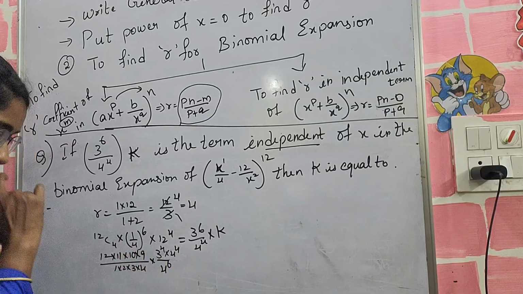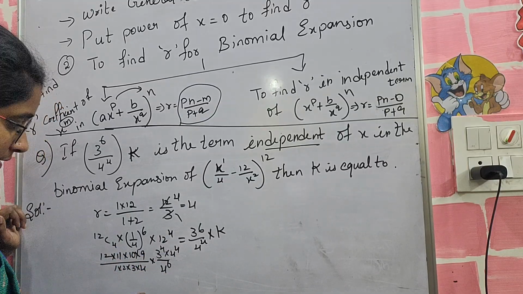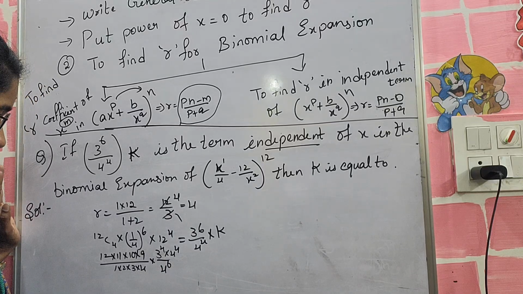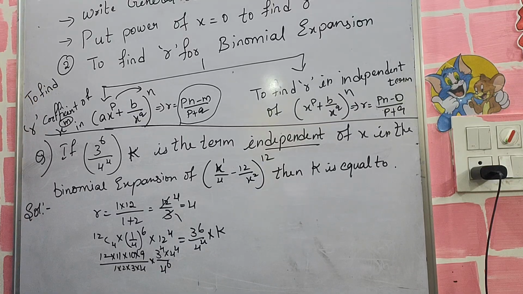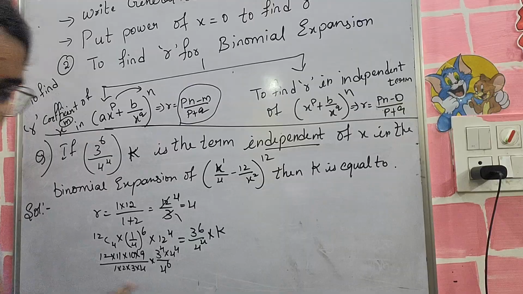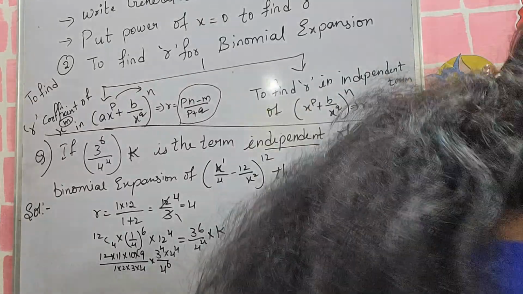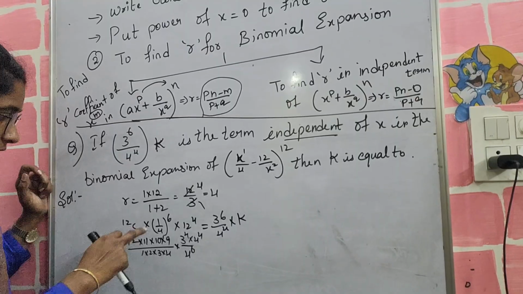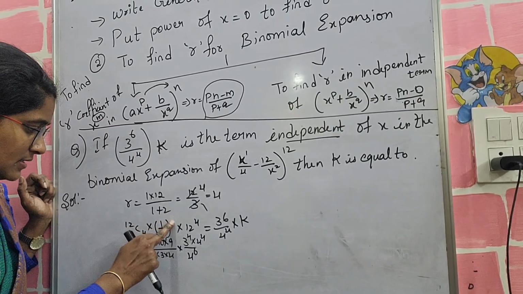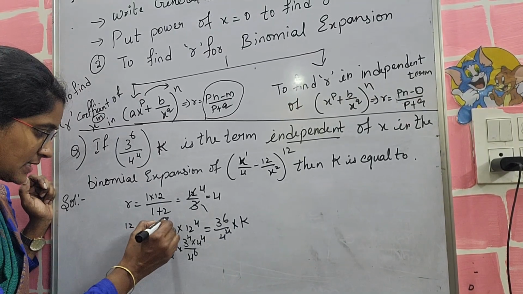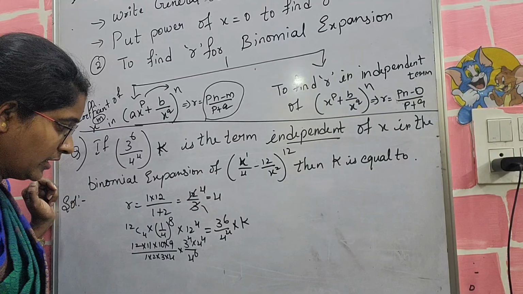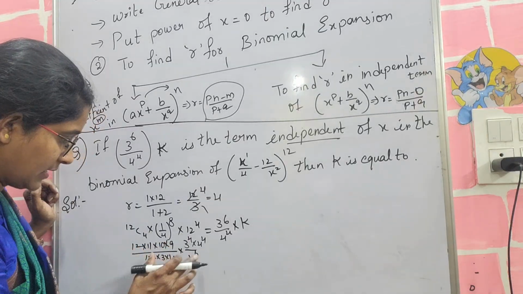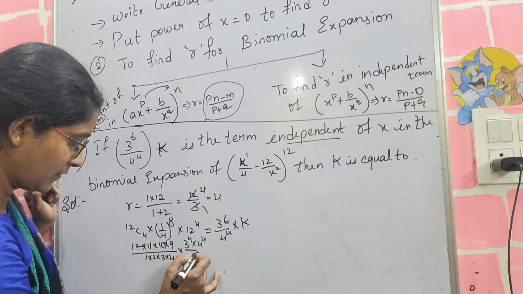If I cancel anything here, what am I going to get? One second. It's not 6, I guess. See, 12 minus 4 is 8. Yes, I missed it over here. If that is 8, then here it is also 8.